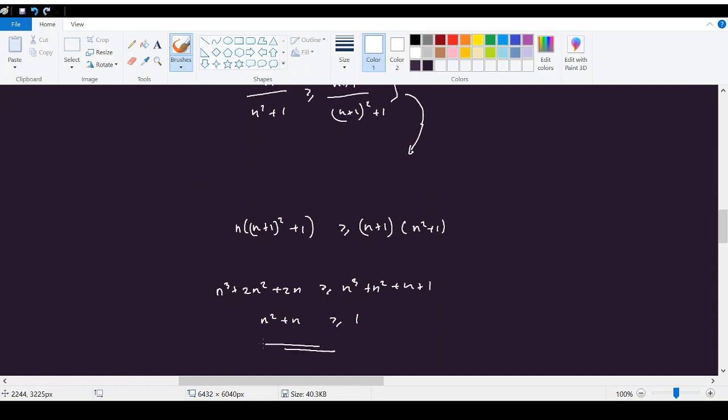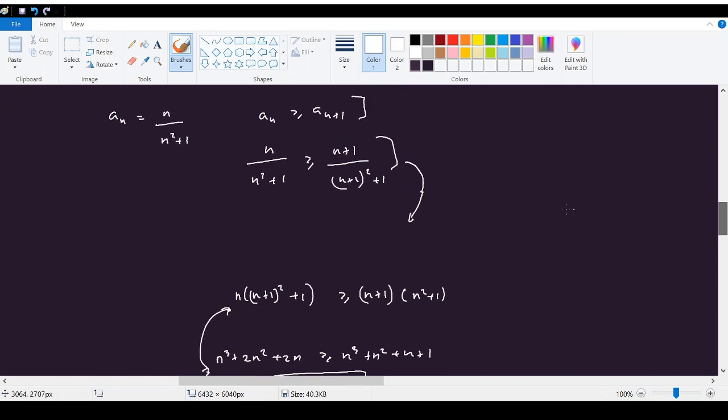So from here, now we know that n is greater than or equal to 1. So definitely this is a true fact. So from this true fact, we can do the back calculation like this, and ultimately end up with a_n greater than or equal to a_(n+1), which says that the sequence decreases.